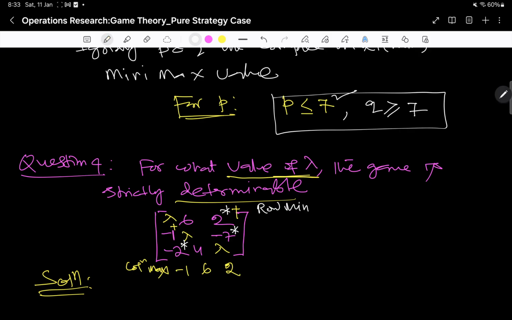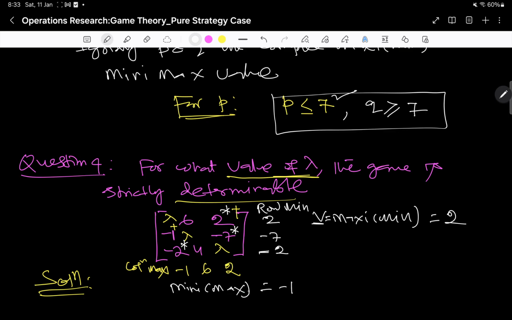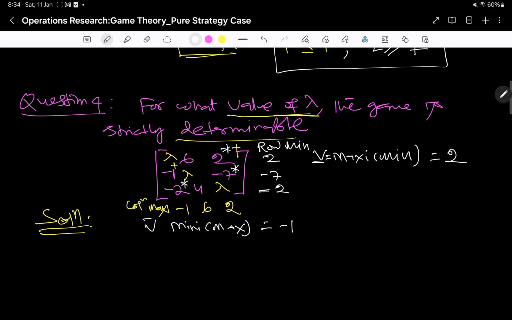The row minima values are 2, minus 7, and minus 2. So what is the Maximin value? The Maximin value is 2, right? And what is the minimax value? The minimum among these 3 is minus 1, right? So this is V over bar.